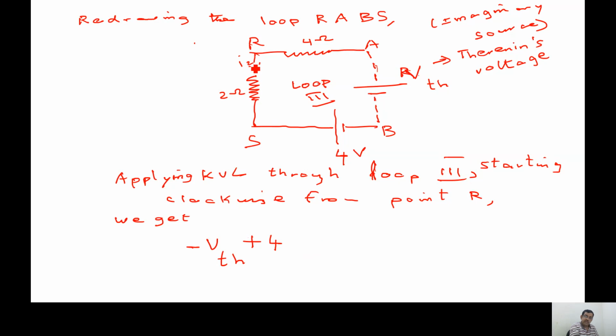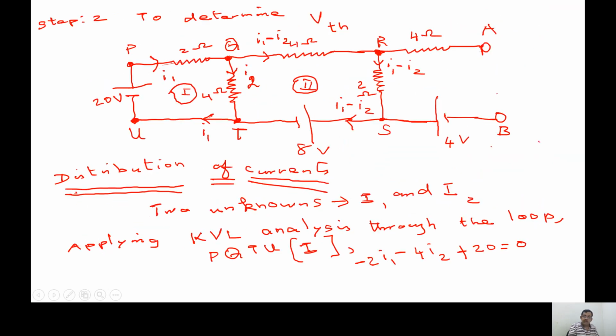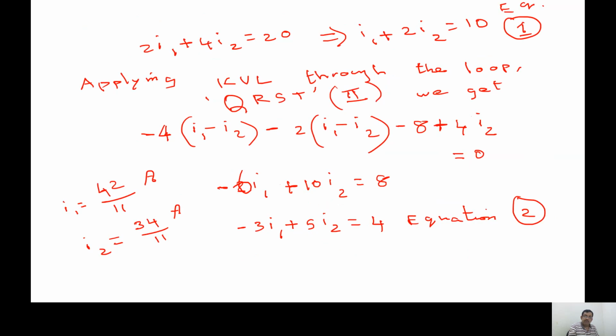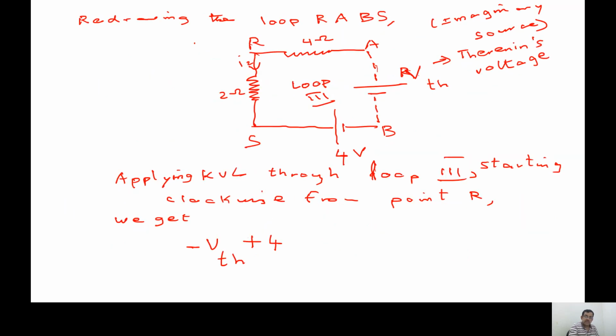The current flow here is actually I1 minus I2, sorry. Please, I make a correction. Here it is I1 minus I2.